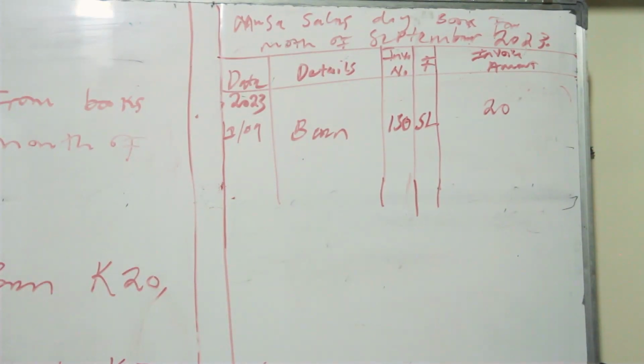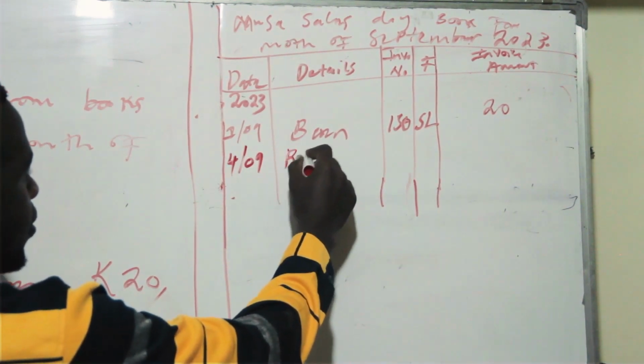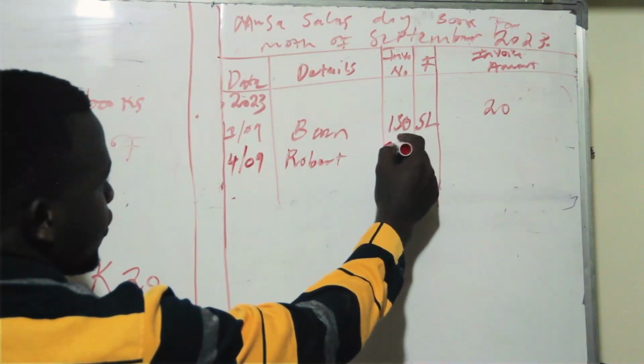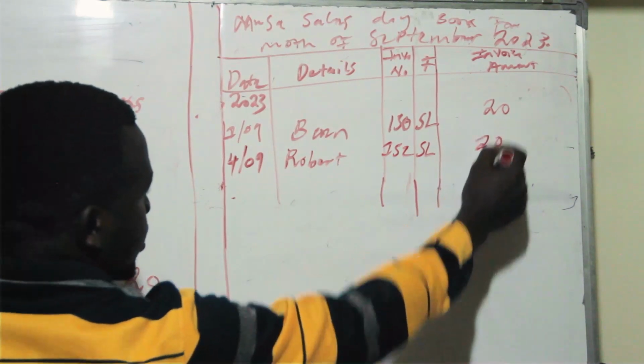Then for the second transaction: sold goods to Robert amounting to 20 kwacha, sales invoice 152. So on the 4th of September, we're going to say Robert, our sales invoice is 152, sales ledger, 20 kwacha.